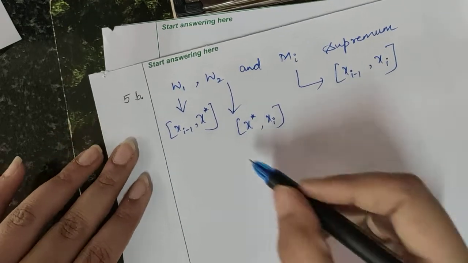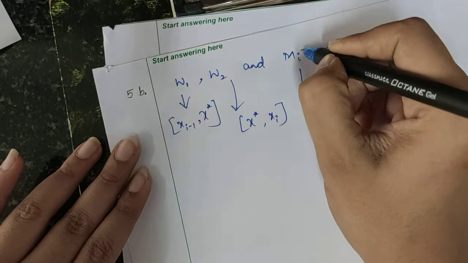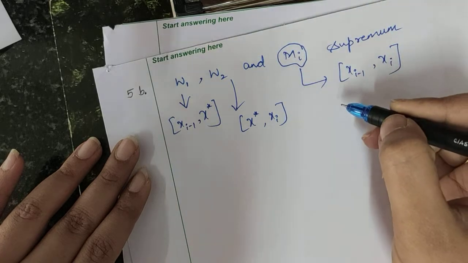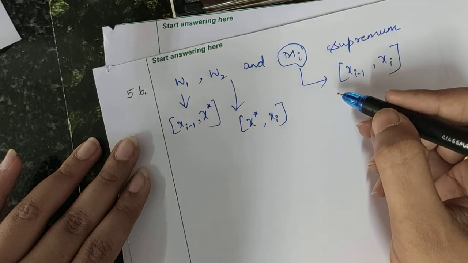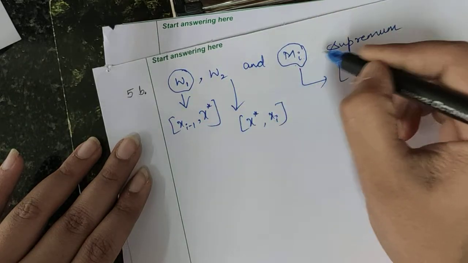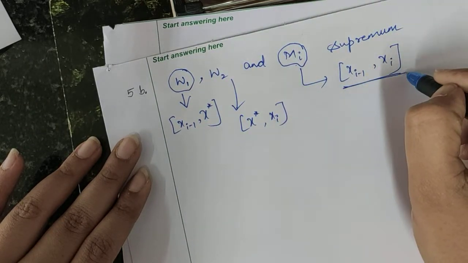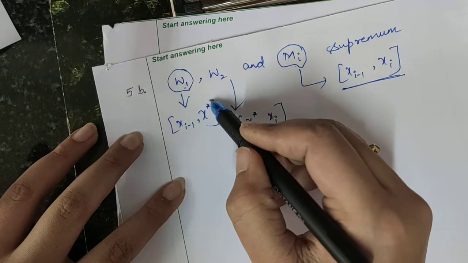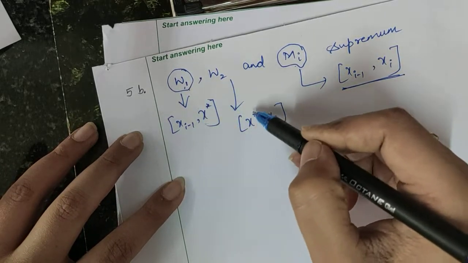Right? So since it is a supremum, obviously your Mi will be greater than or equal to W1, because Mi is for the overall interval and W1 is for a part of it.